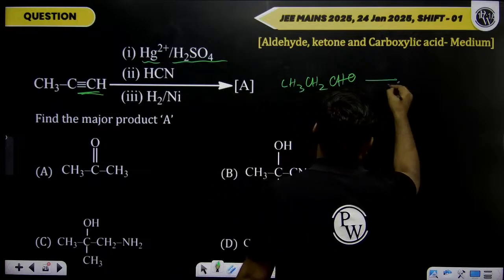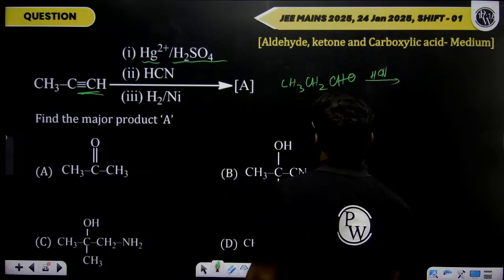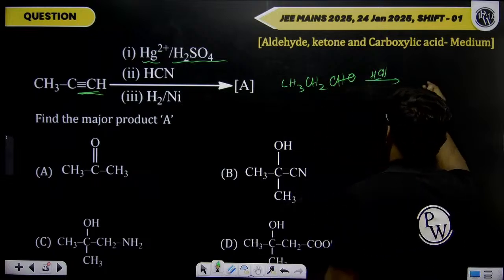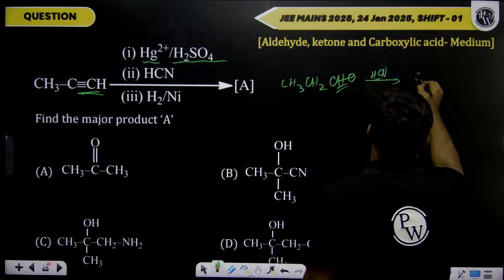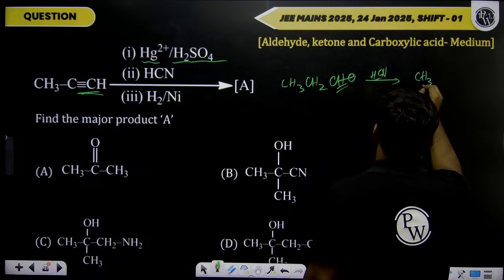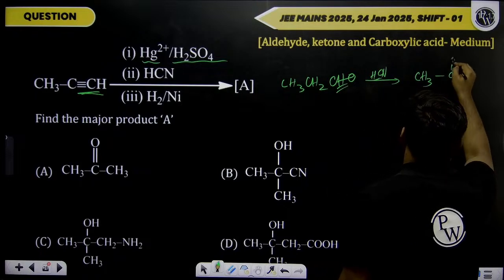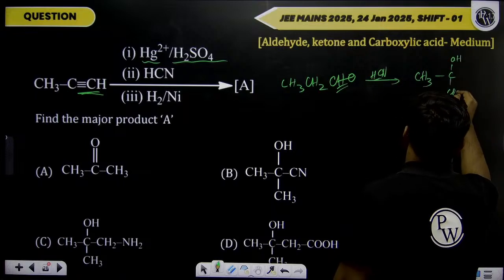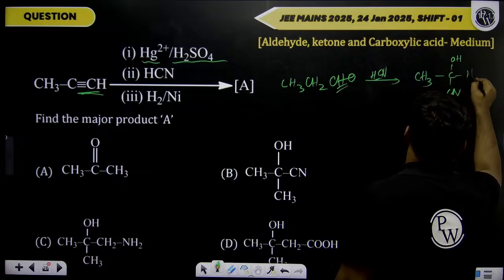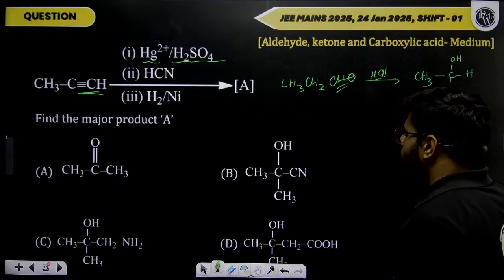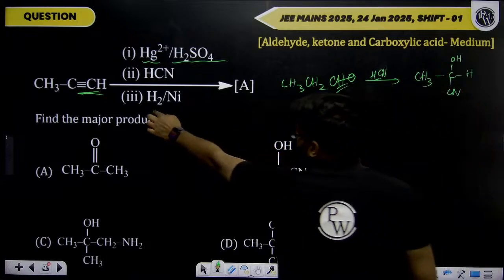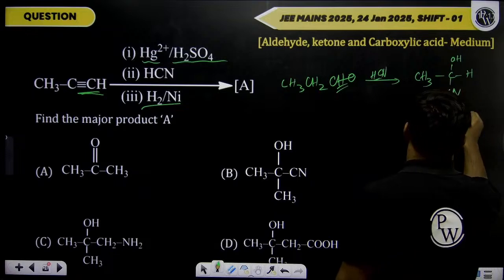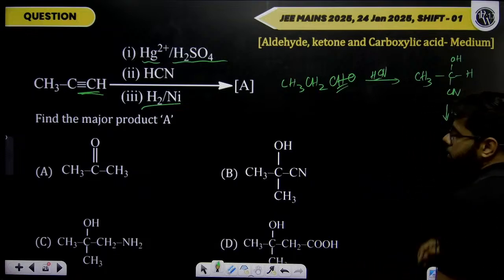Now this one when it is reacting with HCN, so this is cyanohydrin formation, so this HCN will be added to this CHO. This O will be converting into OH and this will be converting into CN and this hydrogen, okay. Now next step they are doing reduction with nickel and hydrogen, H2 nickel.